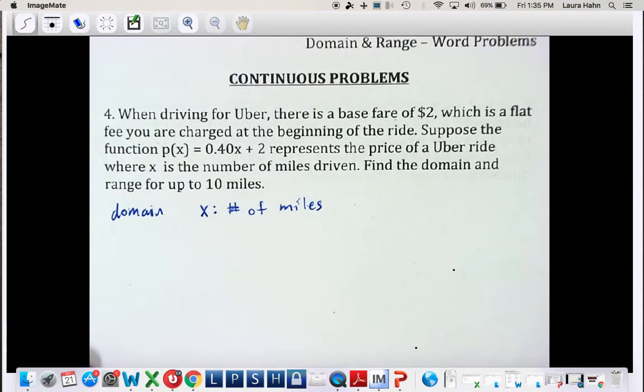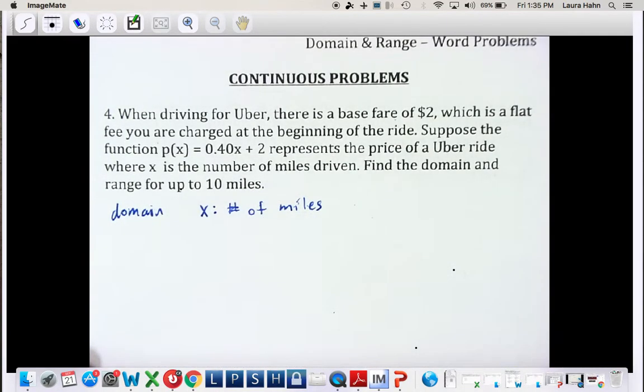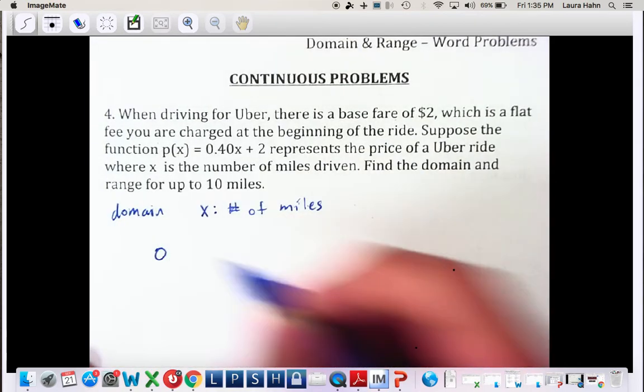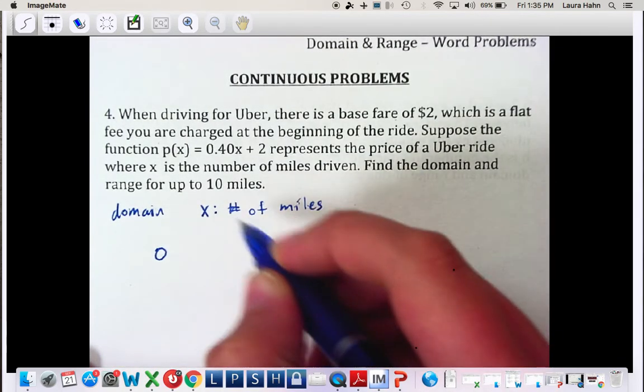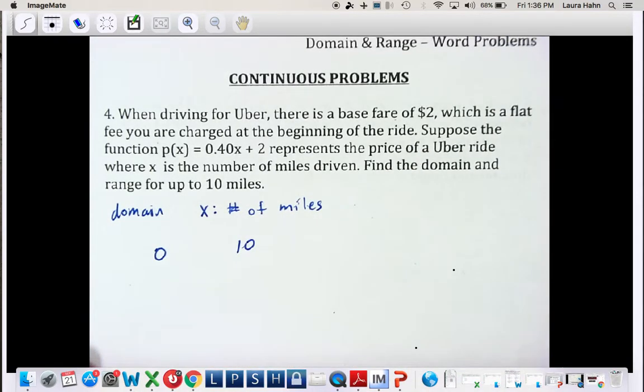Okay, so we do have a condition. It's asking me to find the domain and range for up to 10 miles. So I do have a maximum point. So the lowest I can go is 0 miles. The highest I can go is 10 miles. You can drive part of a mile, like half of a mile, a quarter of a mile.